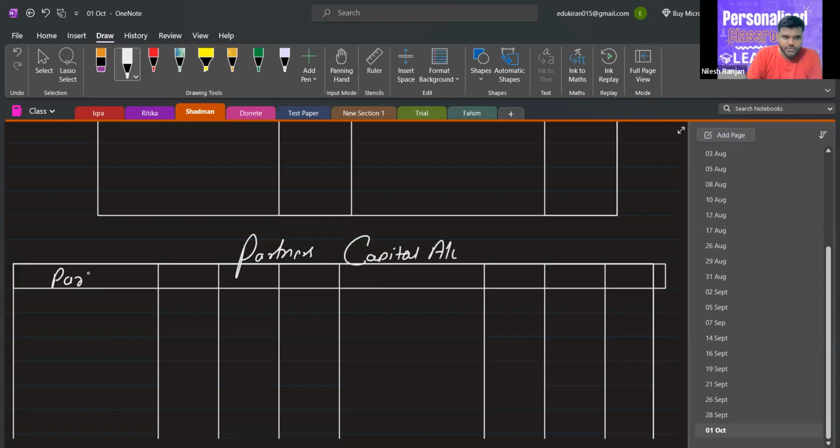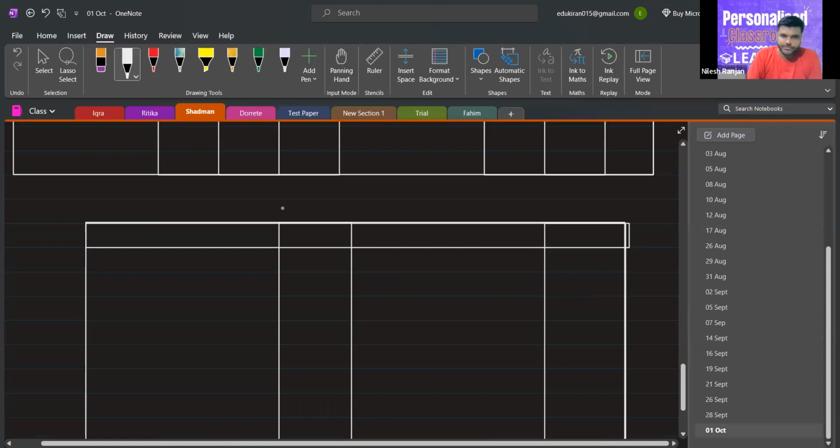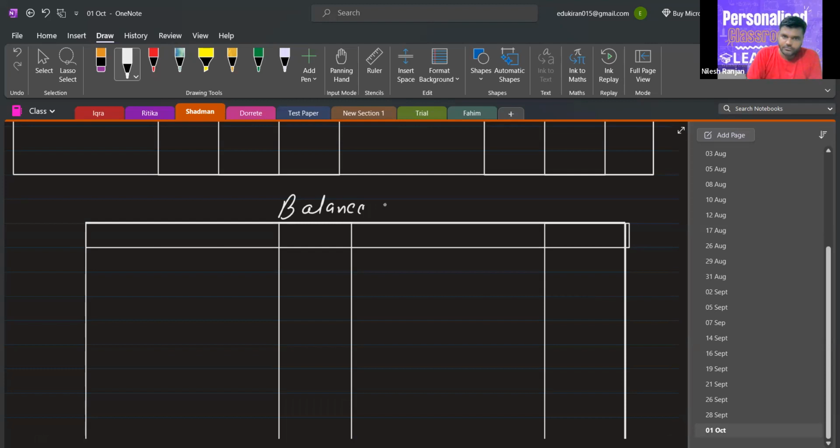In this, there will be particulars A, B, and C, then particulars A, B, and C. And the last one is the balance sheet as on the date 1st April.